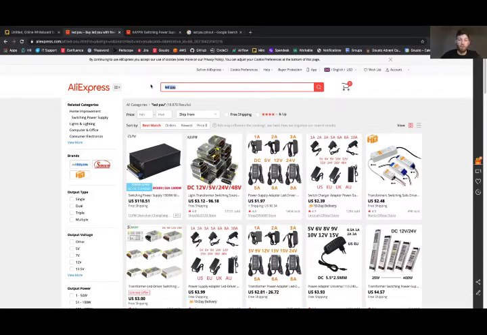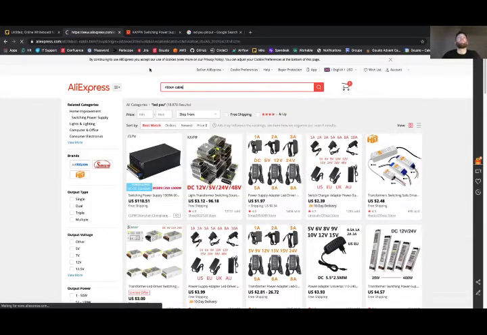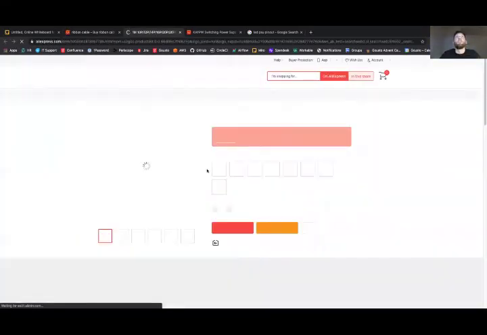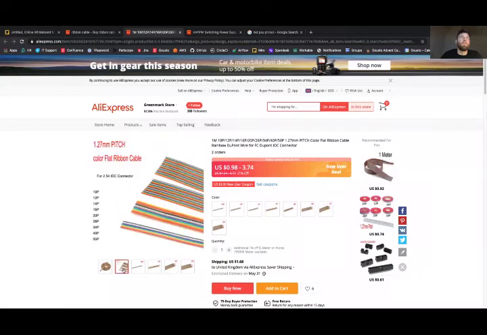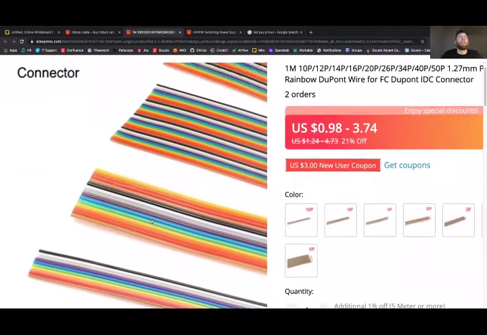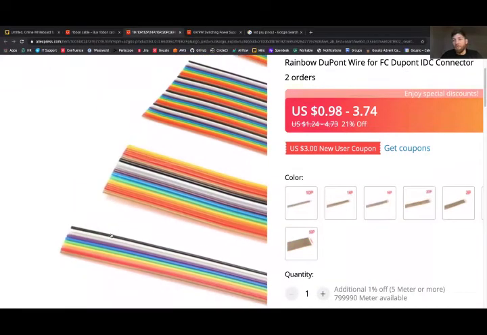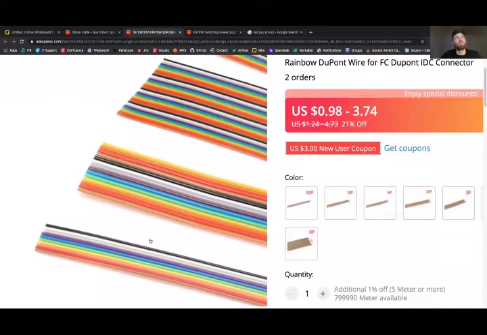So if we look for, let's say, ribbon cable, this is a spool of multicolored cable. And each color is essentially a different wire, a different conductor surrounded by an insulator. Okay.